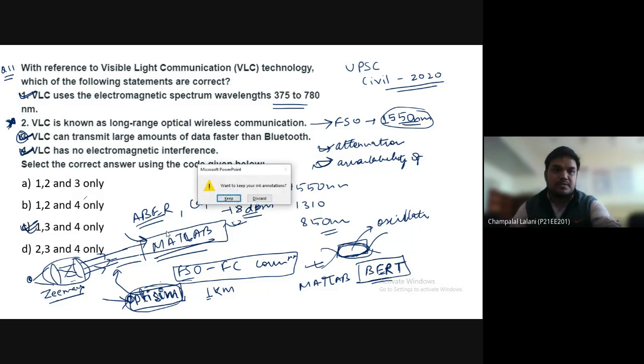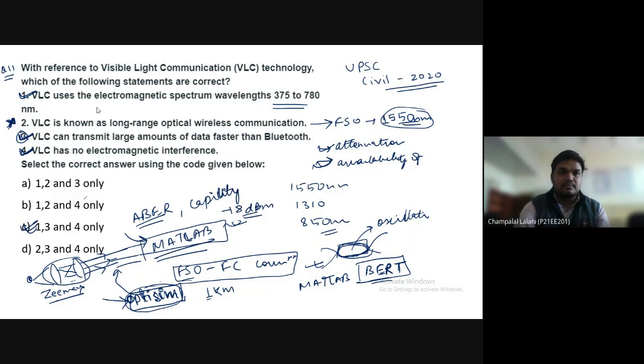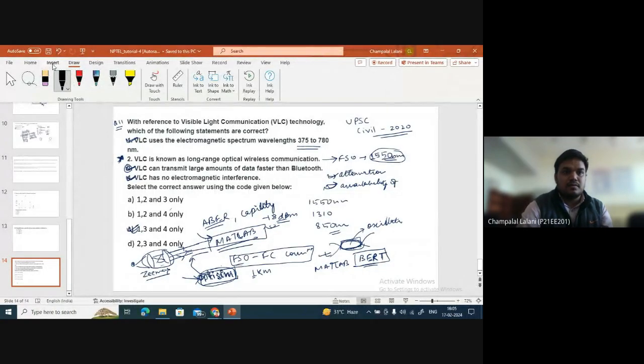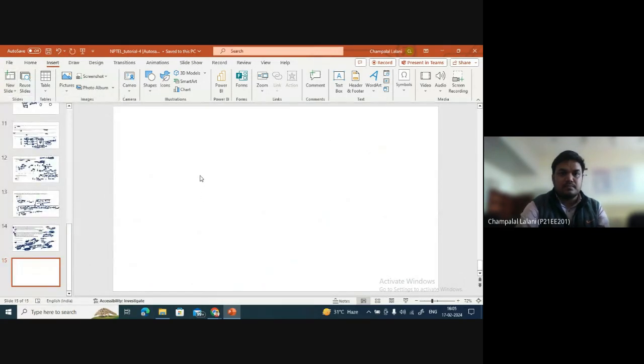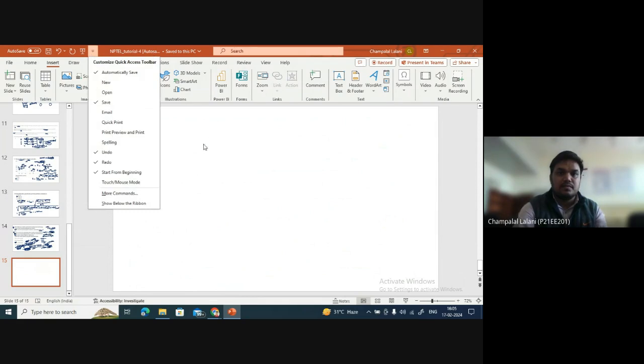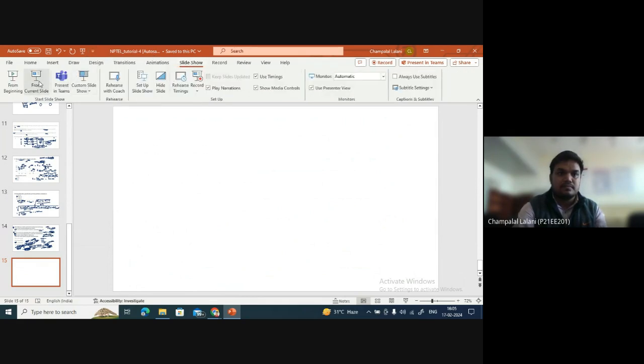Let's move to the next page. See, in my lab, I received the signal at minus 18 dB, and I was still able to receive the signal properly.